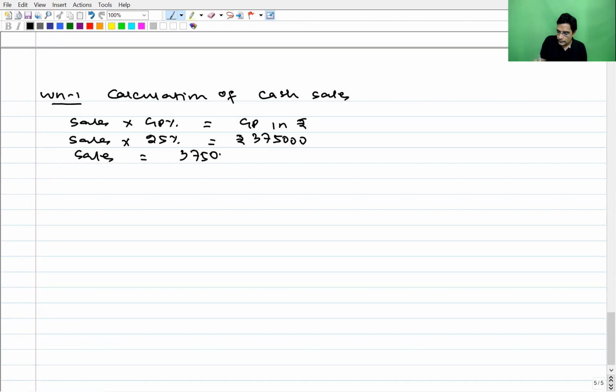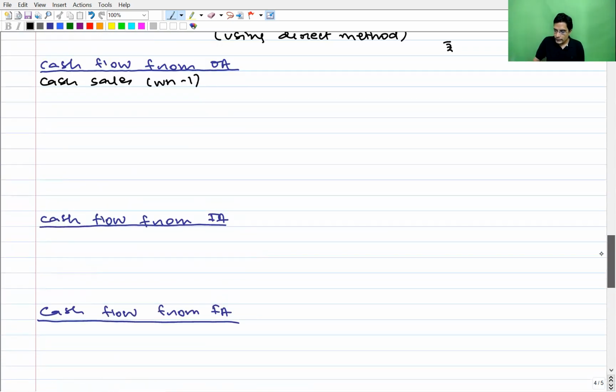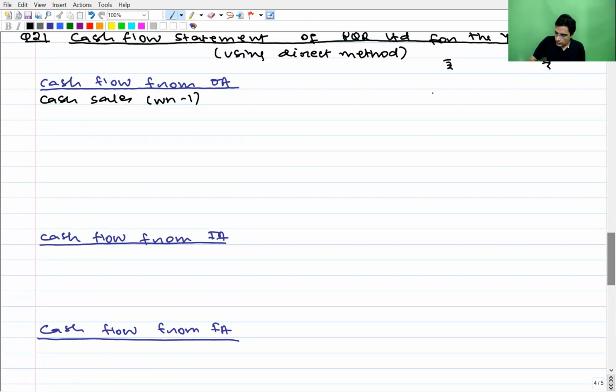All the sales were cash sales, so there is no credit sales. This is a full cash transaction, which will be put on the cash flow statement. 15 lakhs. We are going to write this 15 lakh in the CFS.